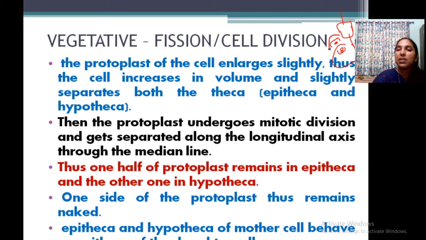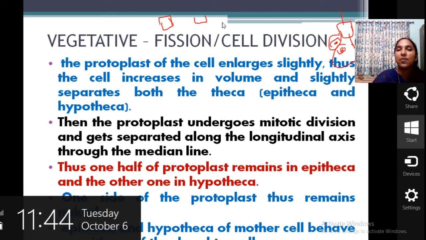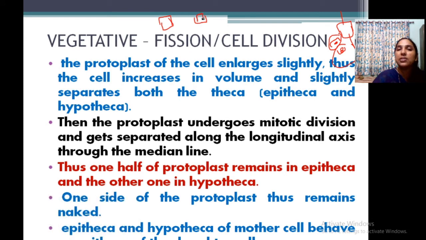This is another mother cell that behaves as epitheca. So you can see epitheca on the top. In the first half this is actually the epitheca, so a new hypotheca develops inside this. But what about the second condition? This is actually a hypotheca, but it behaves like epitheca. Then the new one is formed inside this. Clear? So this is the way it undergoes division.